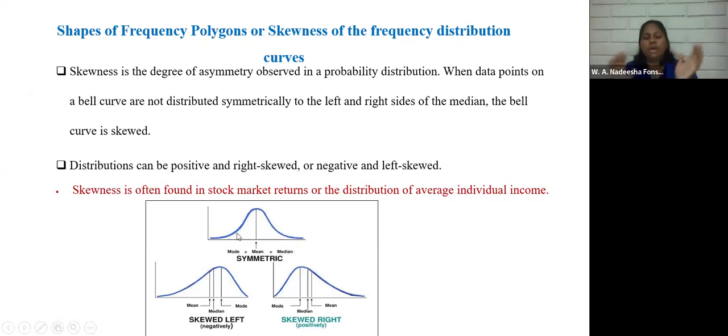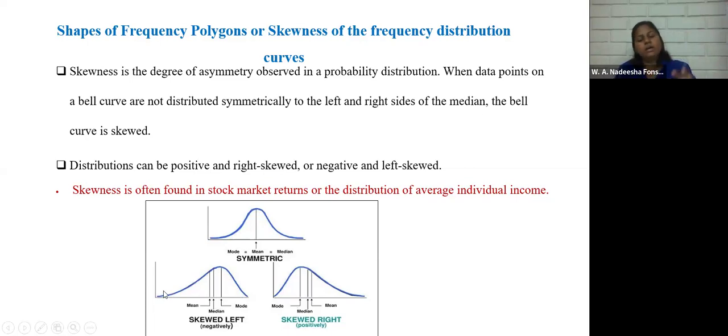If more values are distributed to the right side, then we have the tail on the left side.